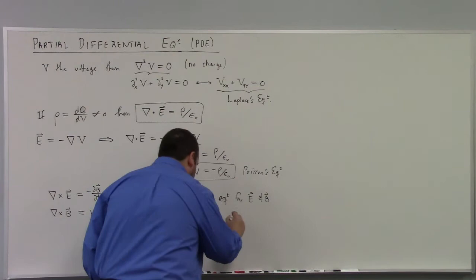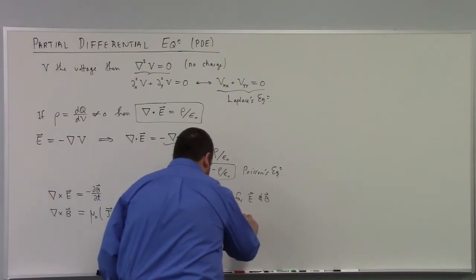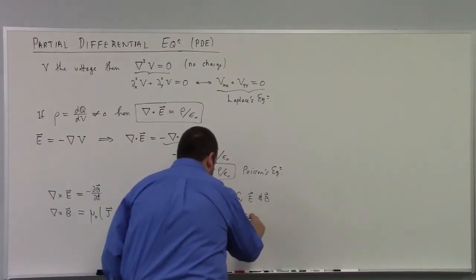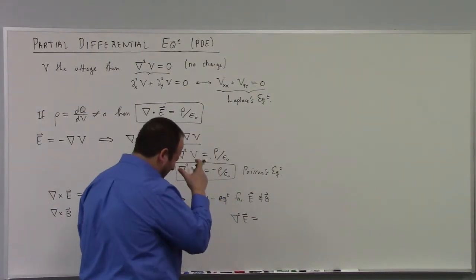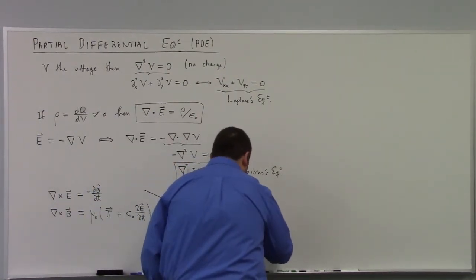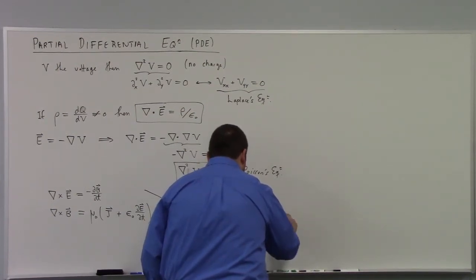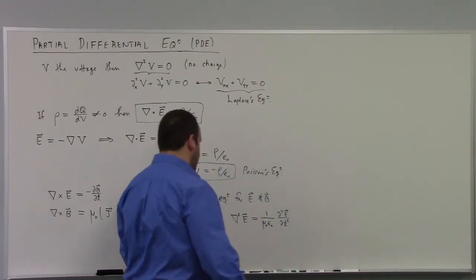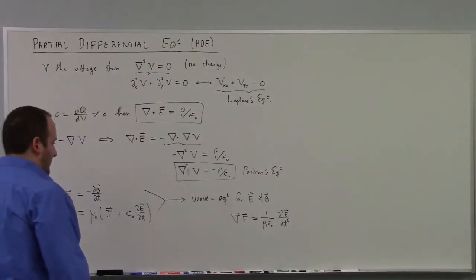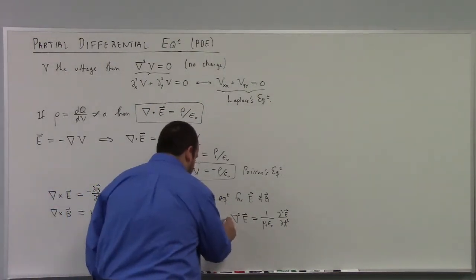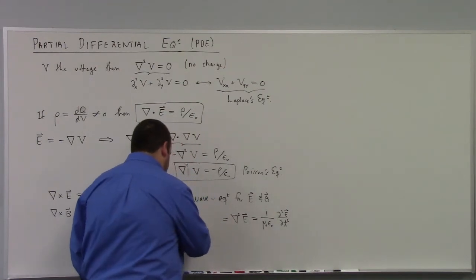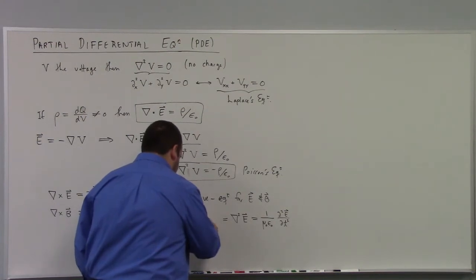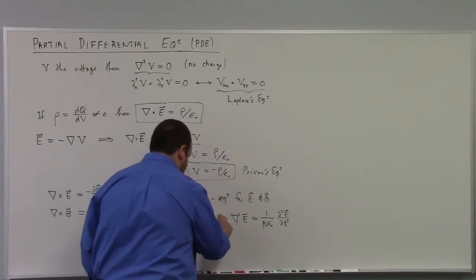So it's the Laplacian, I think, of the electric field equals, I want to say, 1 over mu naught epsilon naught times partial squared E partial t squared. So in the plane, or in 3 dimensions, this would look something like the x derivative squared plus the y derivative squared plus the z derivative squared acting on the electric field equals to that.